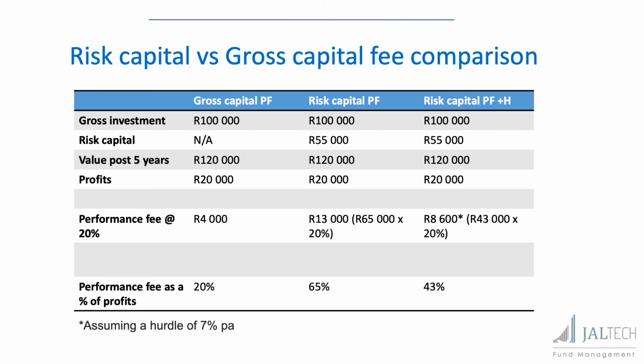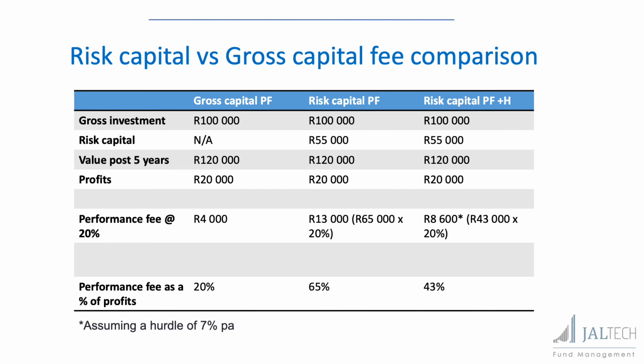So in this case, the performance fee will be levied on 65,000 Rand, being the difference between 55,000 and 120,000, which would be 13,000 Rand. Effectively, if you look at the last line, the fund manager would earn 65% of my profits through a performance fee. If you look at the last column, it's a similar example, but where there's a hurdle of, let's say, 7%. And here the fund manager would take 43% of my profits.